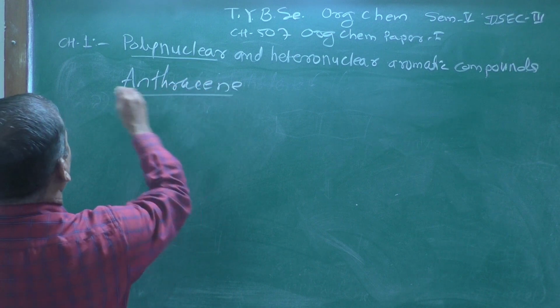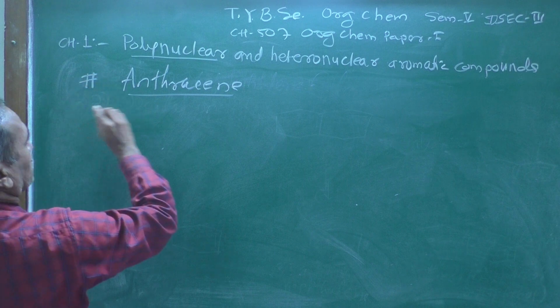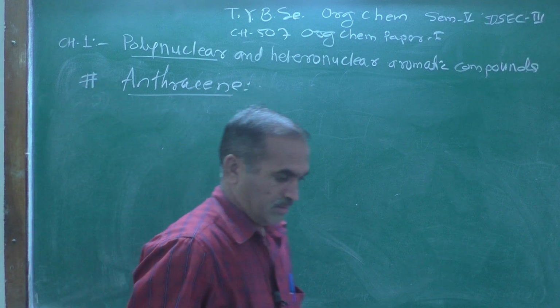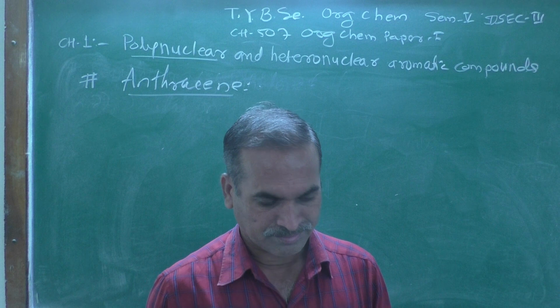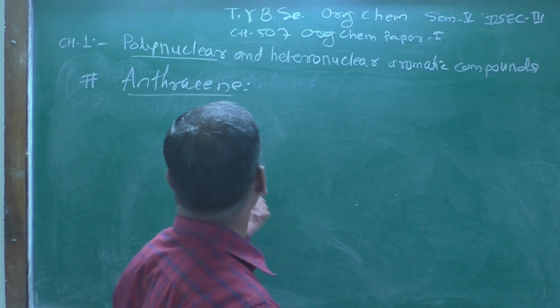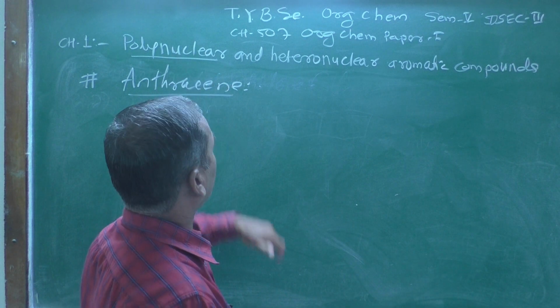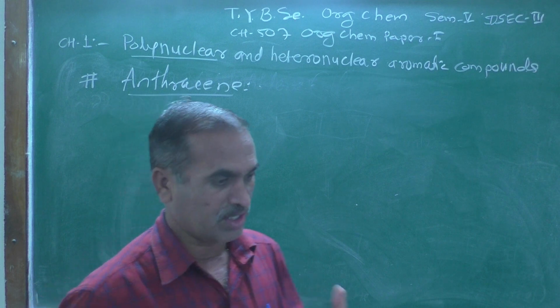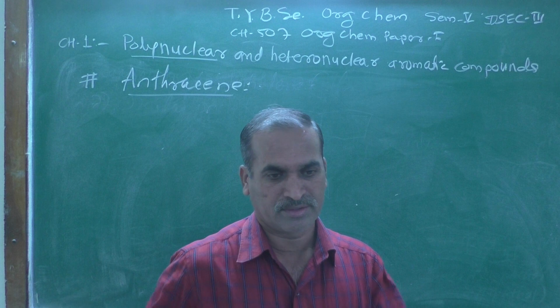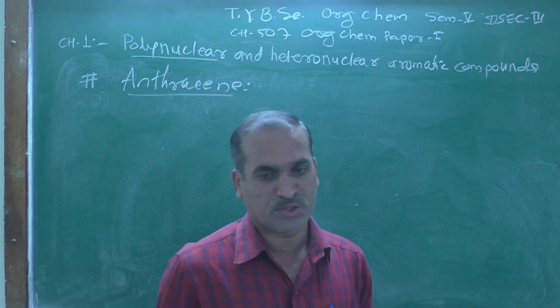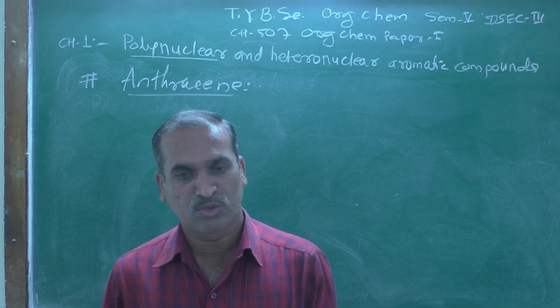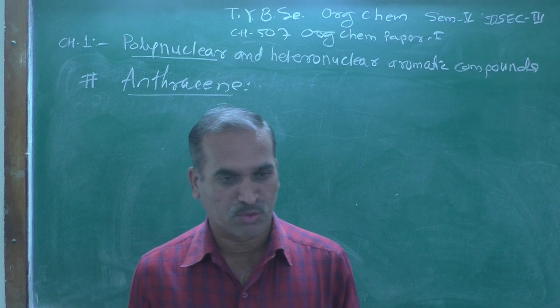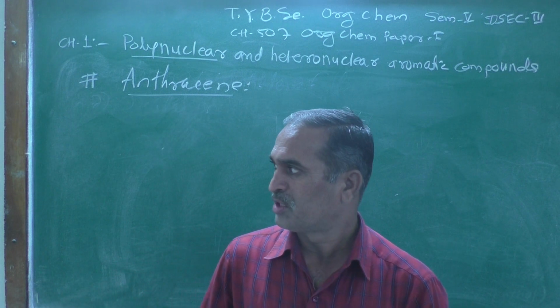Anthracene is the second polynuclear aromatic compound we are talking about, because generally aromatic compounds are divided into two types: polynuclear and heteronuclear aromatic compounds.